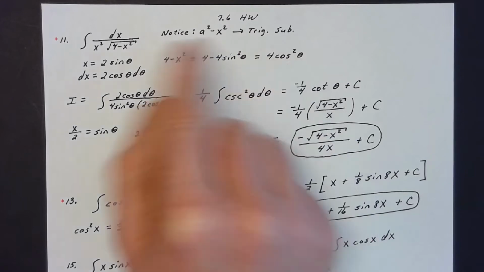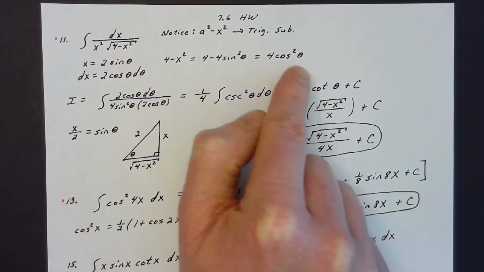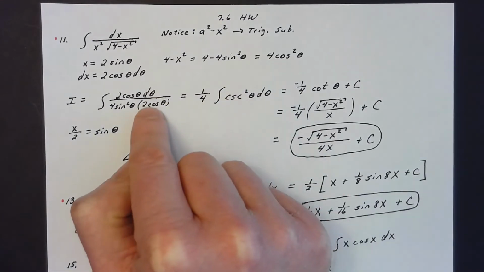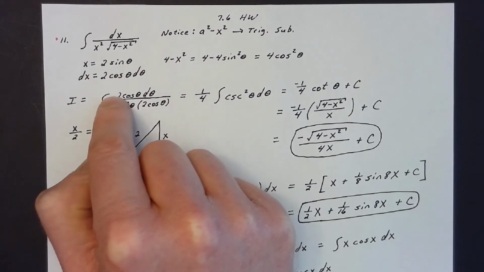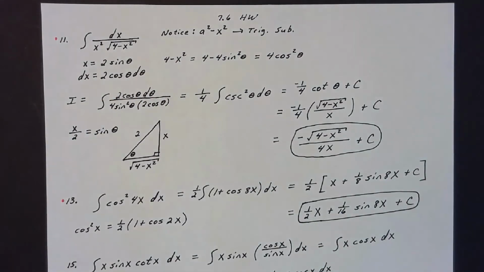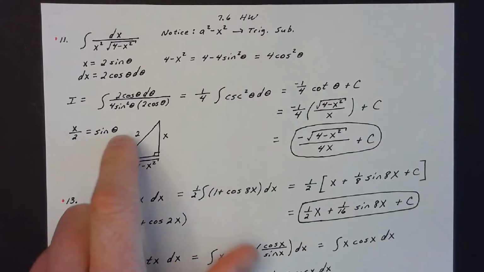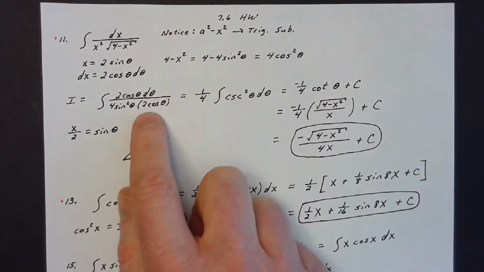And then I know that that is inside of a square root, so when I plug it back into my problem, that's going to become 2 cosine theta right there. Notice I had a dx in the numerator, that was the 2 cosine theta d theta. My denominator is x squared, which we know is just going to become our 4 sine squared theta, and then times dx, that's our 2 cosine theta here.